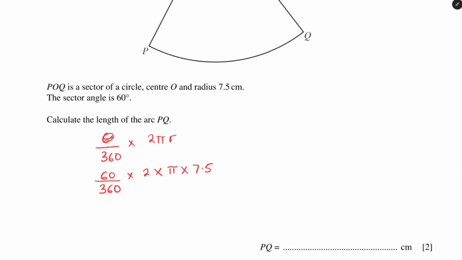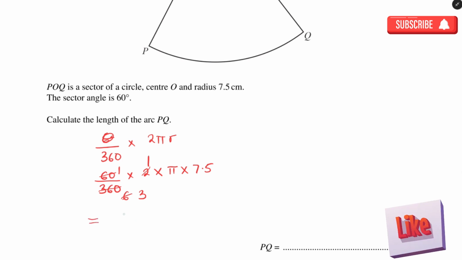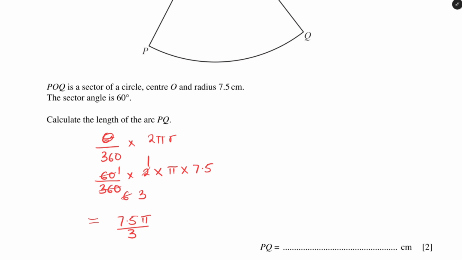All right, so if you take this to a lower term and you simplify, 60 over 360 gives 1 over 6, and 2 over 6 gives 1 over 3, and that will give us 7.5 pi over 3.